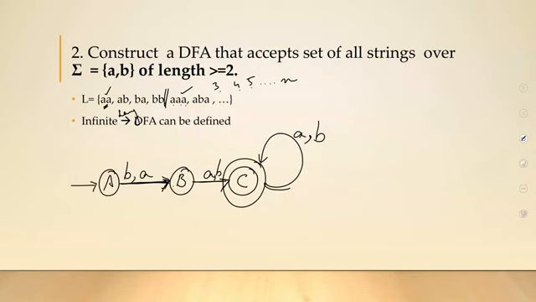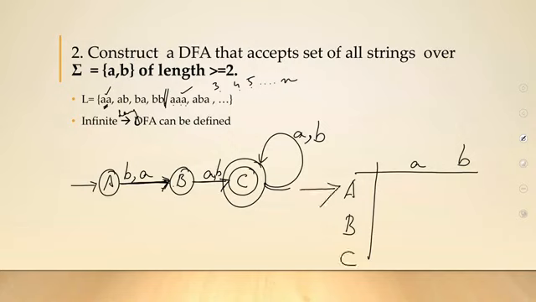Okay. Now let's even try drawing the state table for this. You just have 2 inputs, A and B. You do have 3 states, A, B, C. A is your initial state, C is your final state.